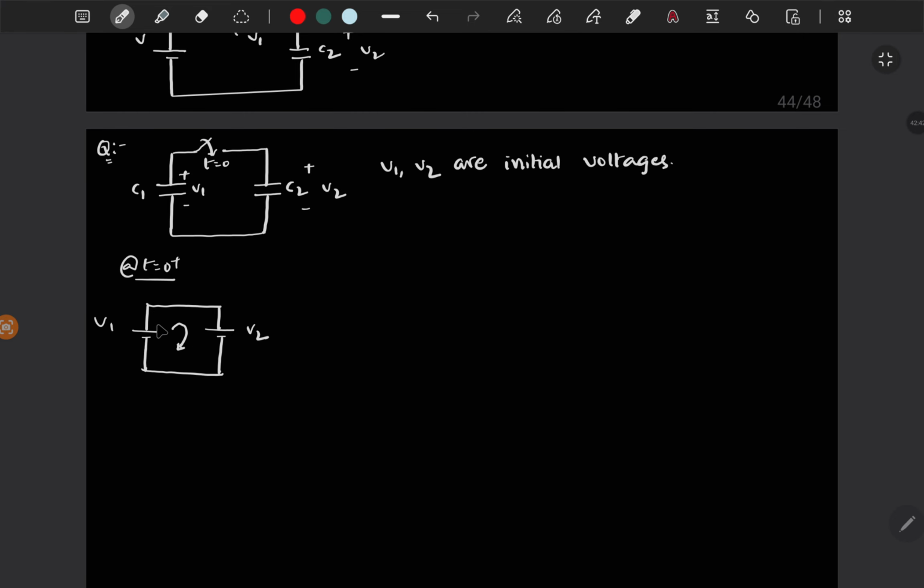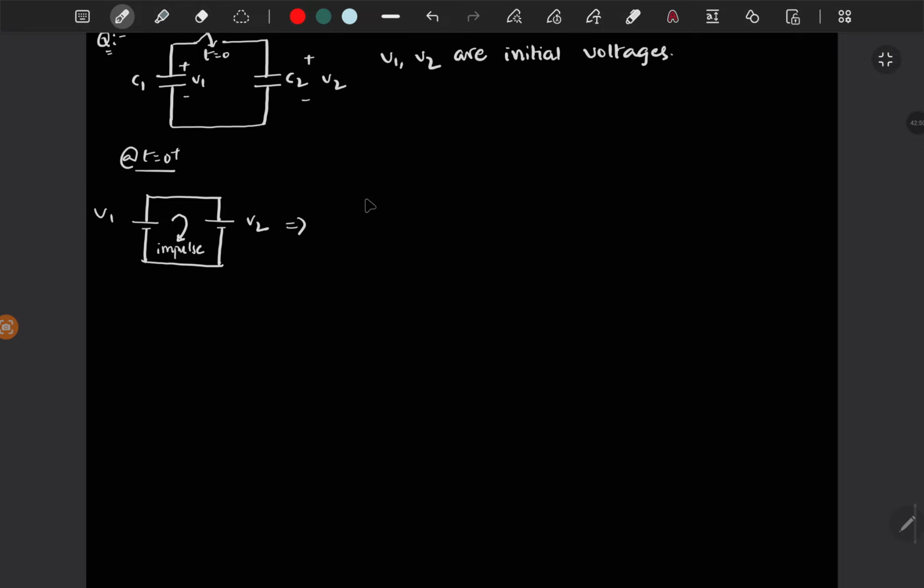I'm taking only one direction, so you will get some impulse current. There will be a sudden change of voltage, and you will represent both the capacitors with low impedances.